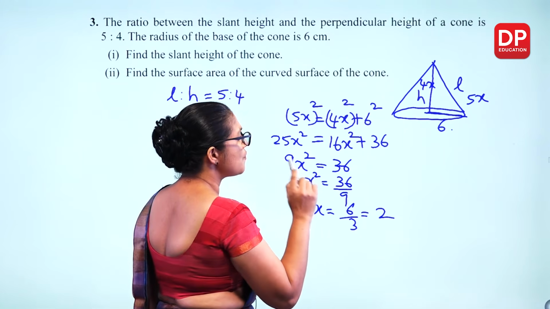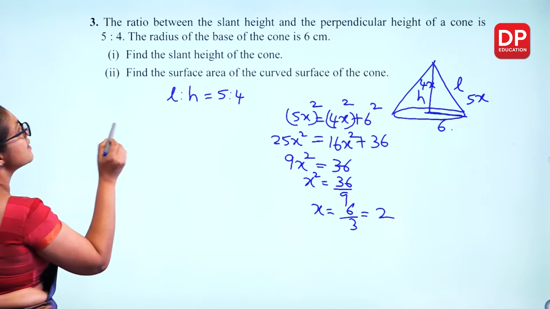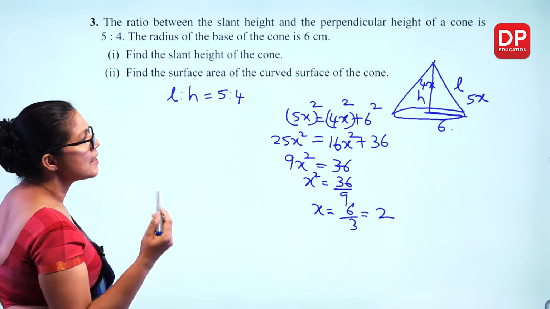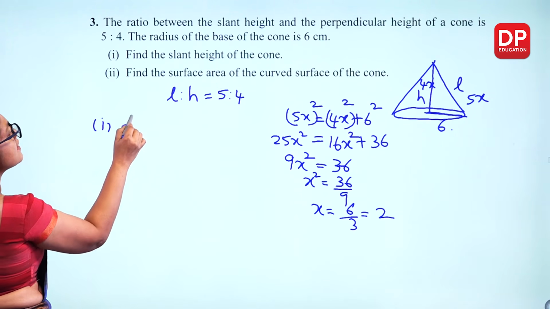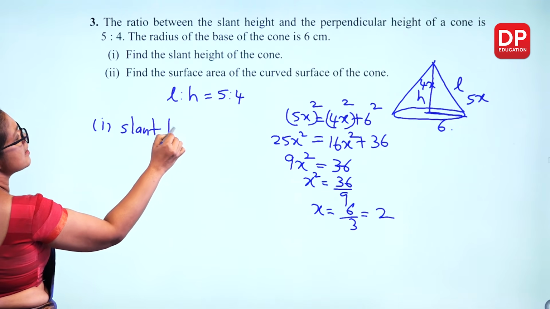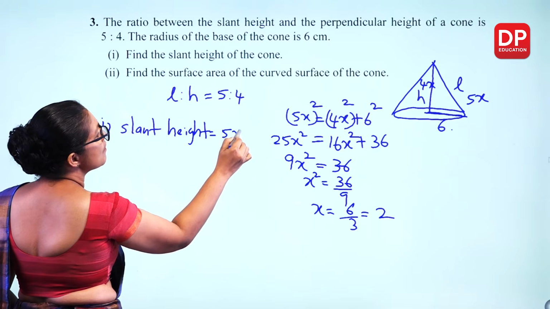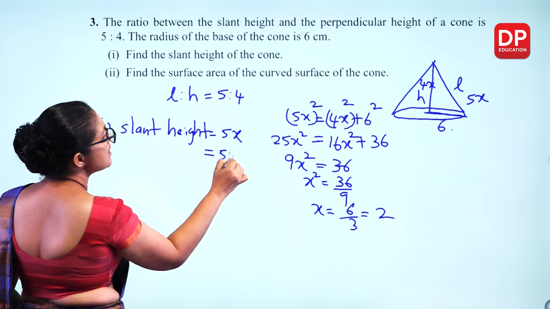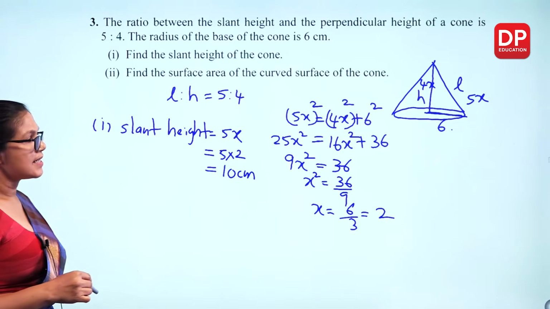So the x value is 2. Then what's the slant height? Slant height is 5x. We found x is 2, 5 times 2, that's 10 centimeters.